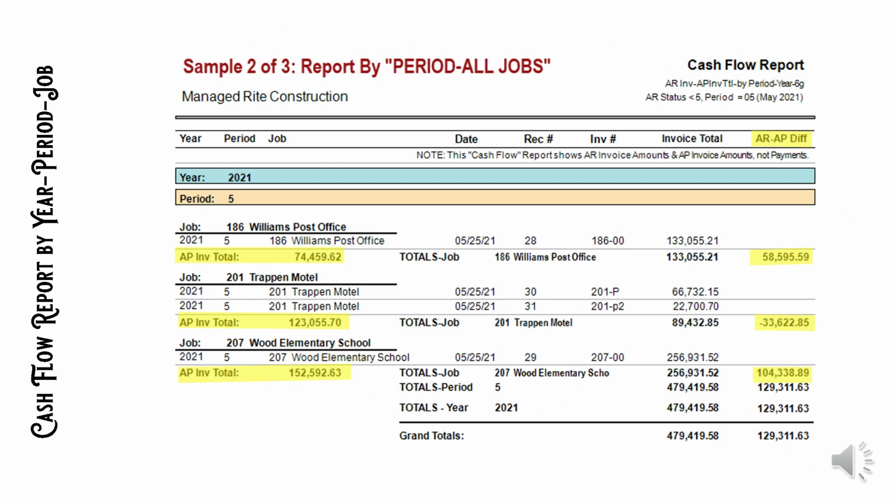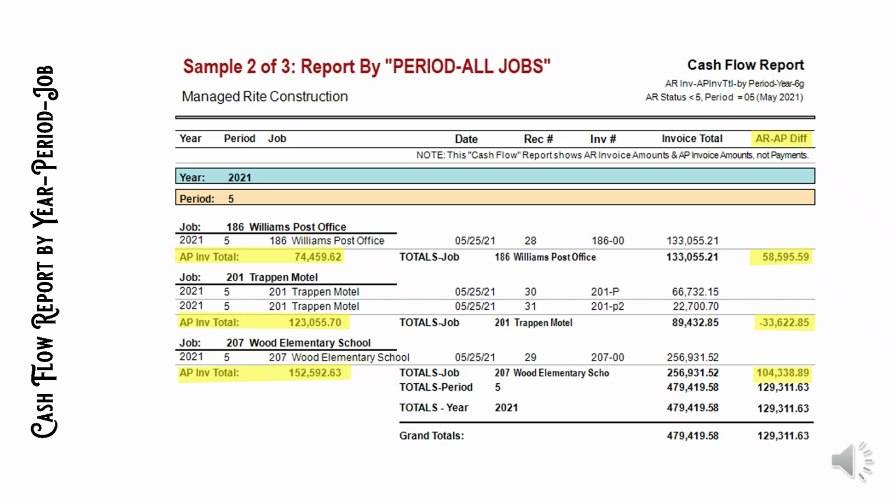Now on this page, we show sample number 2 of 3. This is the report by period with all jobs. And what we've done is in the selection criteria, we've given it a range of periods. And so what this is showing for period 5 in this year, 2021, in the sample data, it's showing 3 jobs, job 186, 201, and 207, with the invoices from those periods, and then also the AP invoice total for each period.